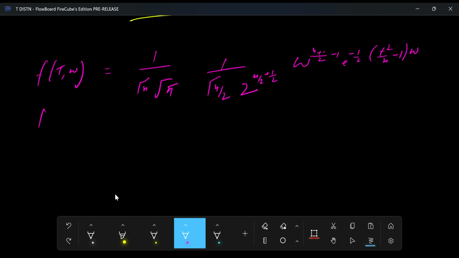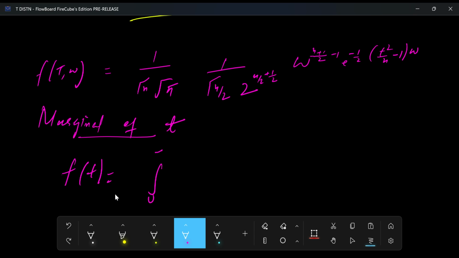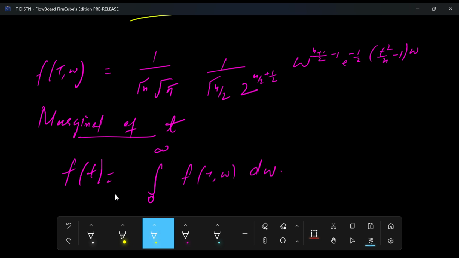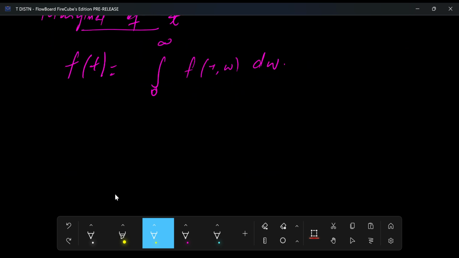Now finding the marginal of t, that's the t distribution. We simply do one thing: we need the f of t. We will integrate this from 0 to infinity f of t comma w dw. If you are following my lectures from the beginning, you know how to find the marginal of some function from the joint density function.